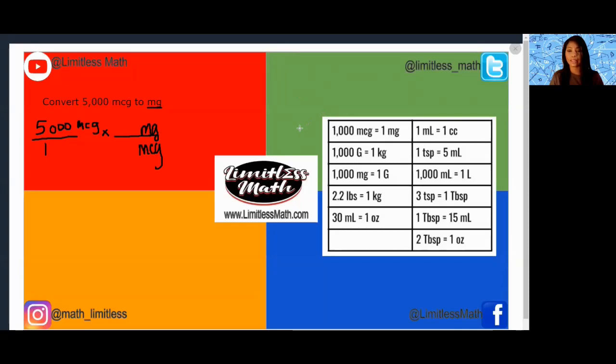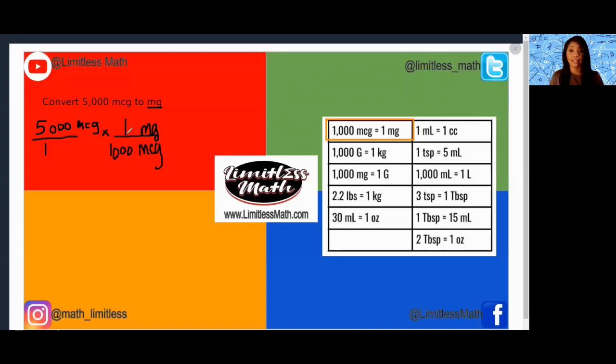So we look on our table and see, is there any way we have those two numbers compare? And we do, right here. 1,000 micrograms equals 1 milligram. So we will need to write those numbers in the right place where we're doing our calculations. So 1,000 micrograms on the bottom and 1 milligram on top.